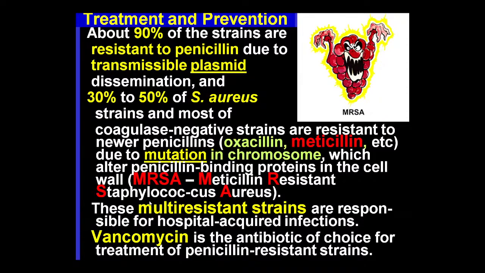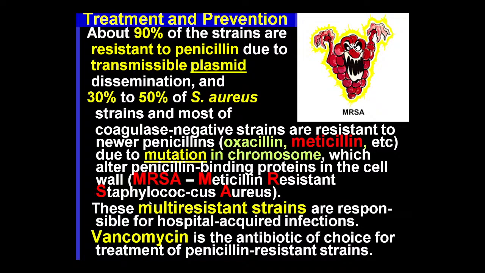And also, it is important that most of the coagulase negative strains that may circulate in the hospitals now are resistant to newer penicillins like oxacillin and methicillin. That may occur due to mutations in chromosomes that convert the penicillin binding protein so that it is not recognizable.